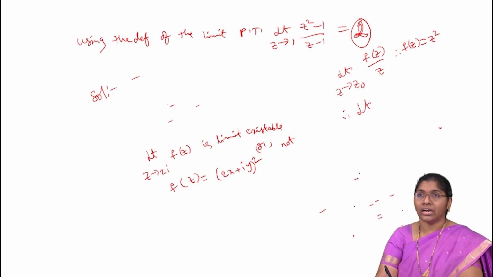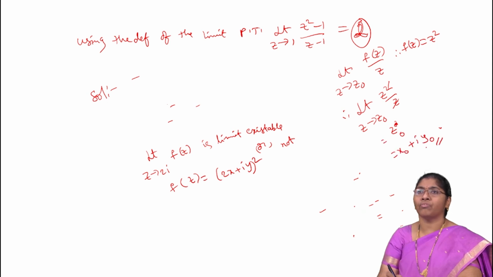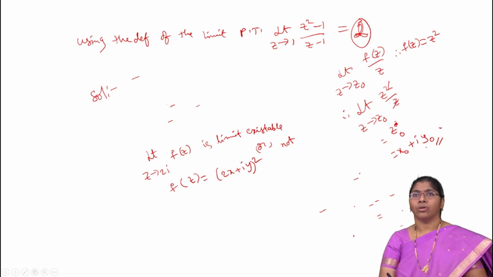Therefore, the limit as z tends to z0 of z squared by z, then we get cancelled, then this is z0, that means x0 plus i y0. This is the final solution. Okay, this limit also exists. Now the condition for the limit to exist is satisfied.